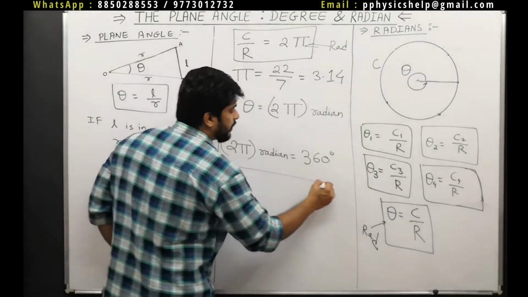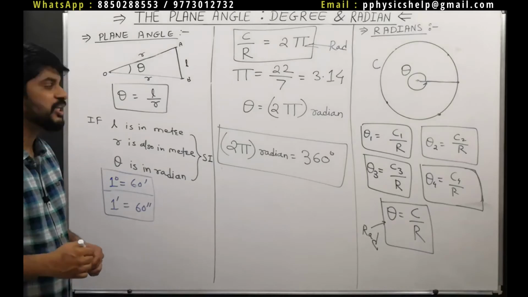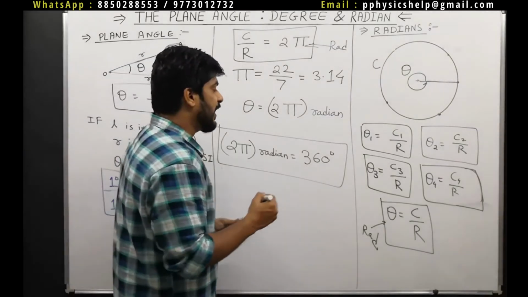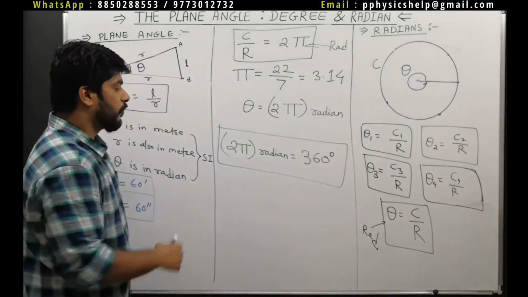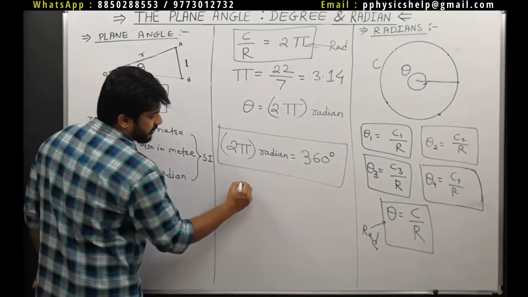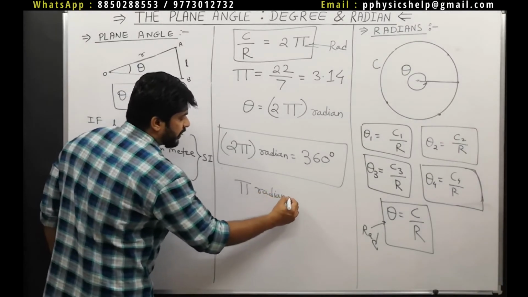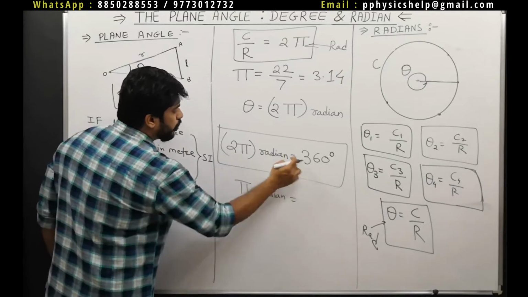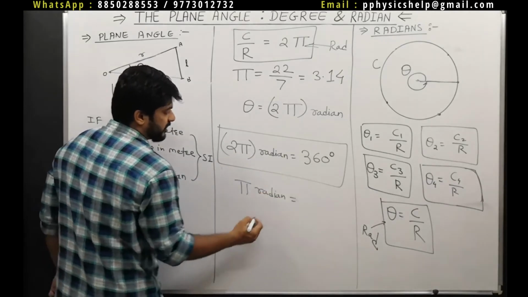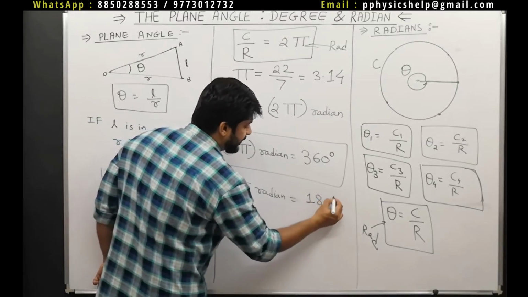That's a very important relation between degrees and radians. From this we can divide the whole equation by 2 on both sides. So 360 divided by 2 is 180 degrees.